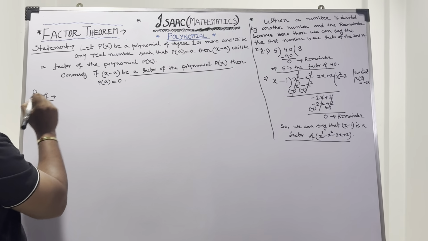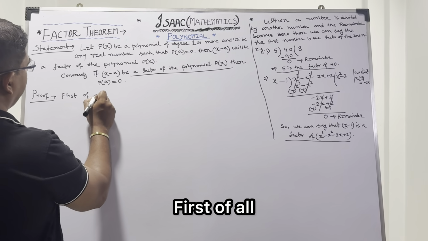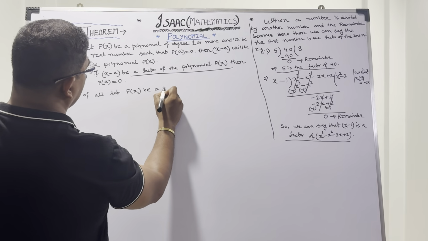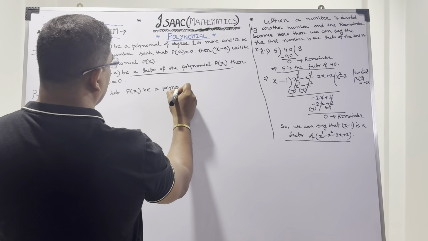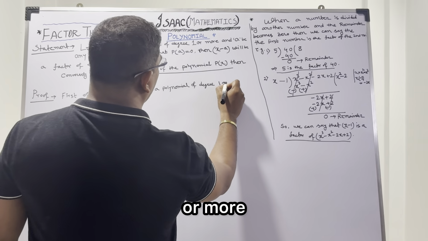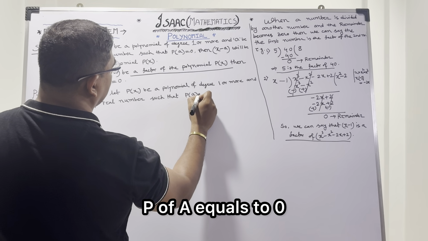Proof. First of all, let P of x be a polynomial of degree 1 or more, and A be any real number such that P of A equals to 0.